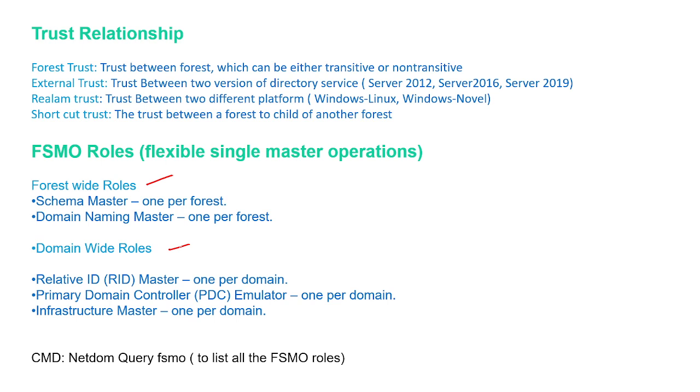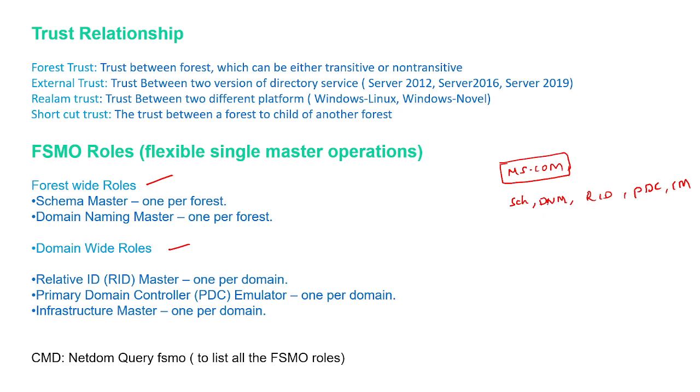Let me take Microsoft.com here. When you create a new domain called Microsoft.com, there are five roles: schema master, domain naming master, RID master, PDC emulator, and infrastructure master.